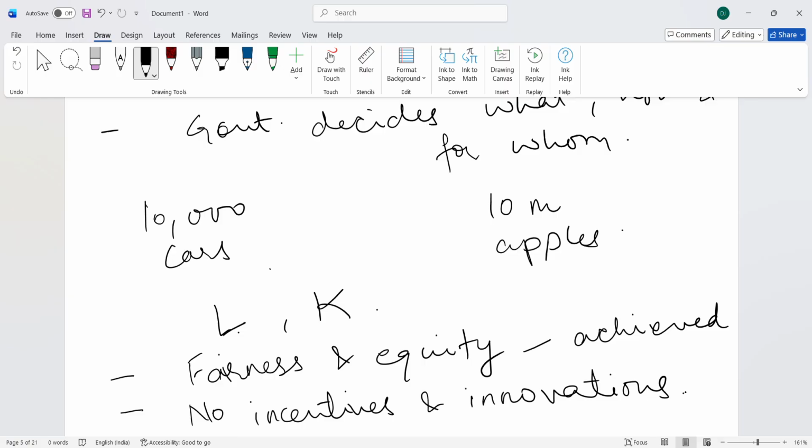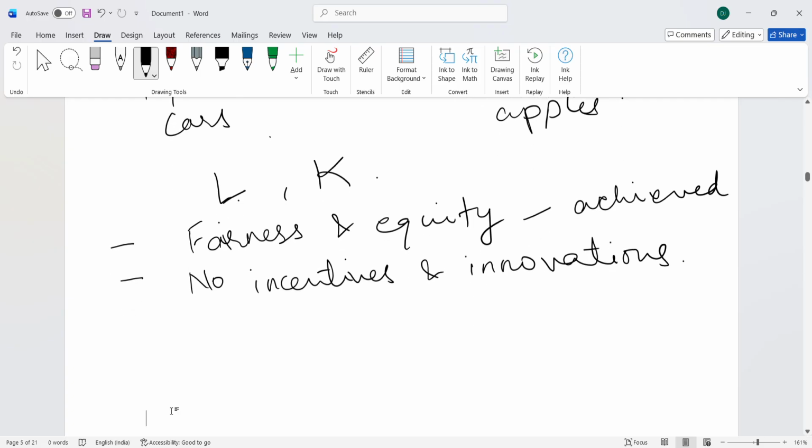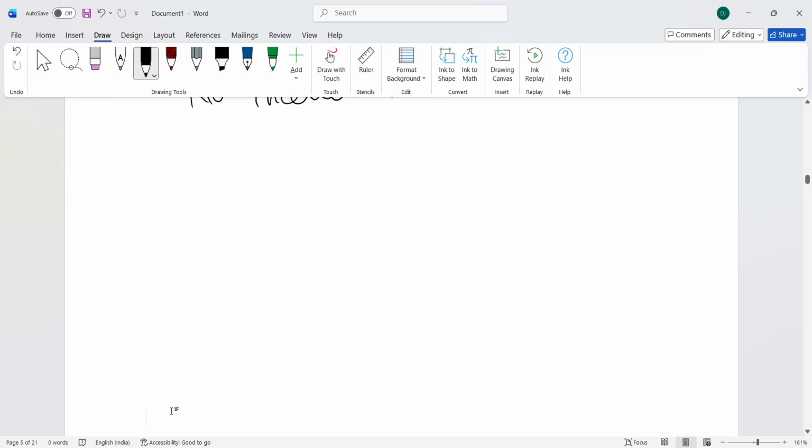Okay. Coming to the market economy. All right. The second type of economic system. Okay. And we have market economy. That's the second kind of economic system.